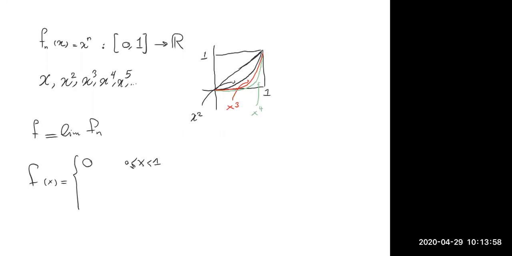But if x is equal to 1, fn of x, which is x to the n, would be 1 to the n, which is 1. So the limit of these functions is this function. Maybe it's better to show it with red. This is the graph.